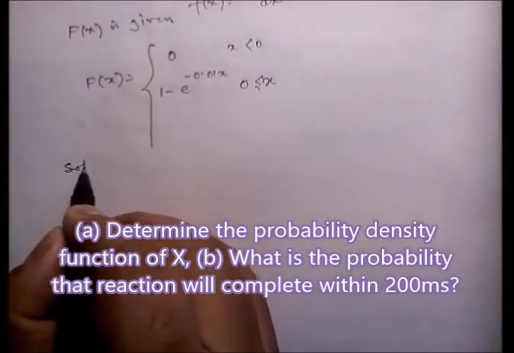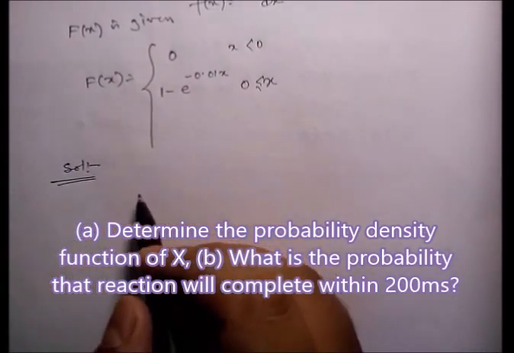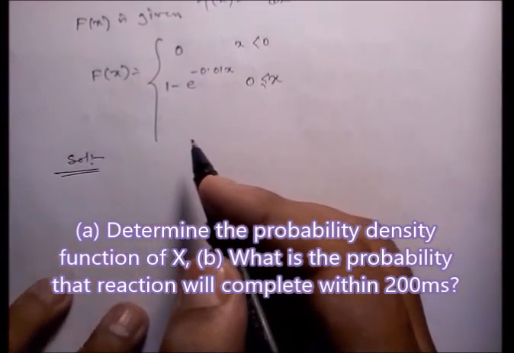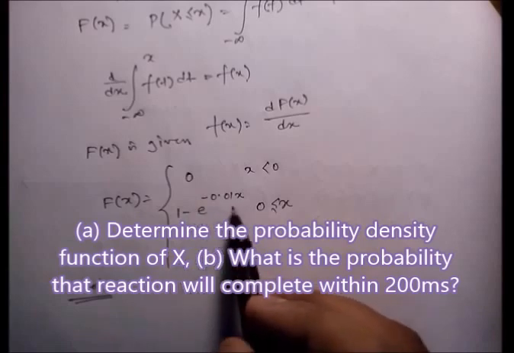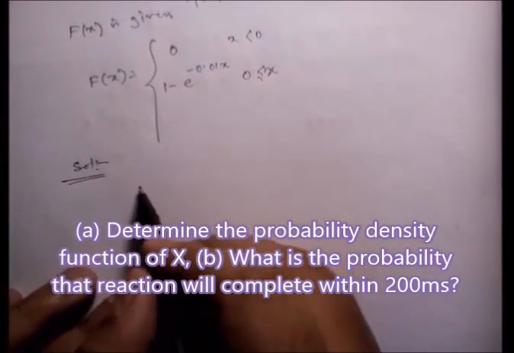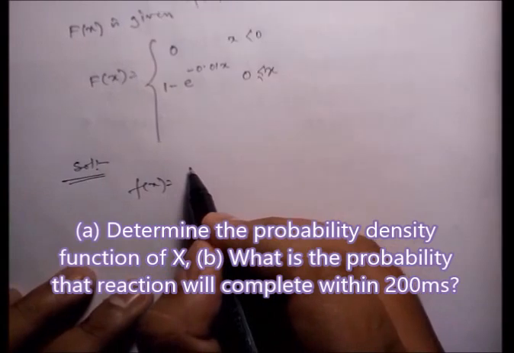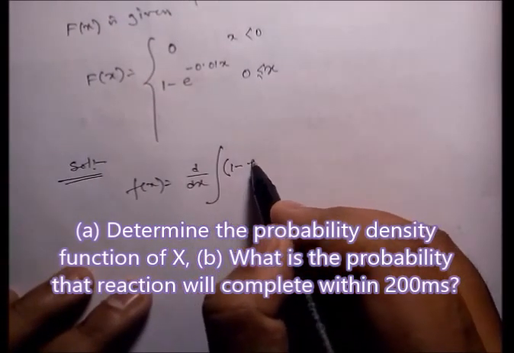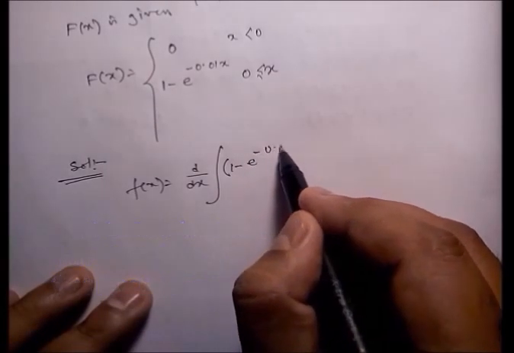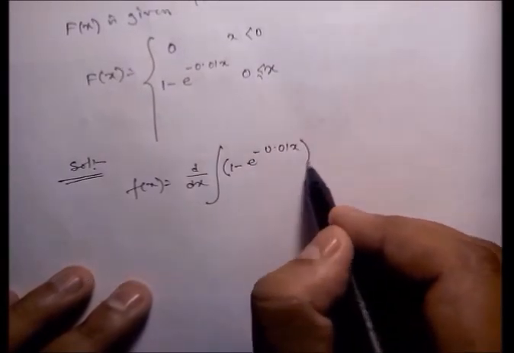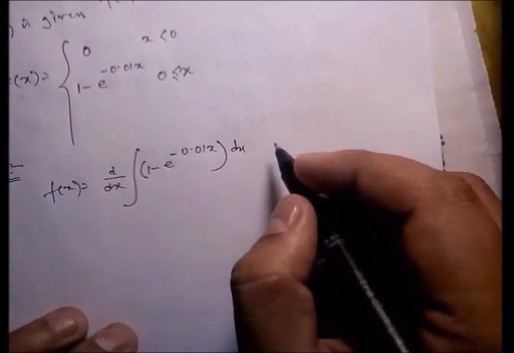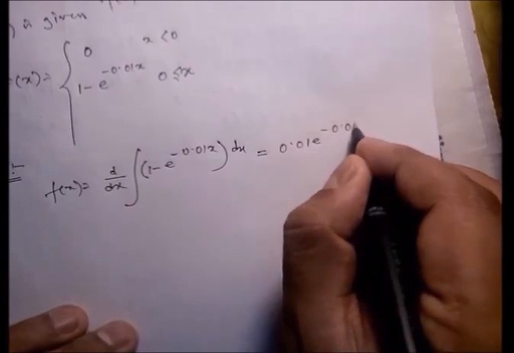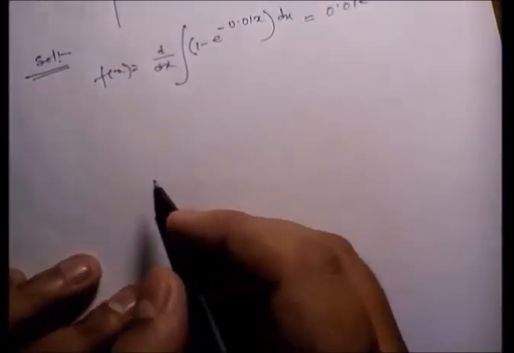Okay, so solution: how to calculate the probability density function. We have to apply d by dx on this particular function. So f(x) is equal to d by dx of 1 minus e to the power minus 0.01x, and its answer is 0.01 e to the power minus 0.01x.